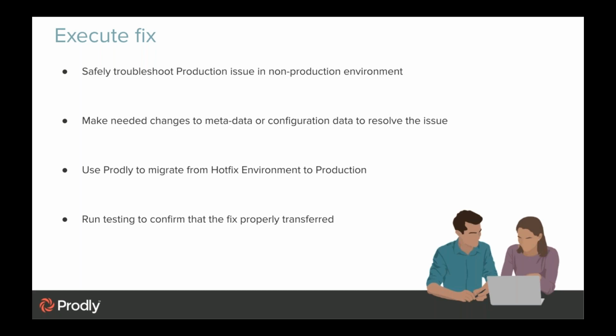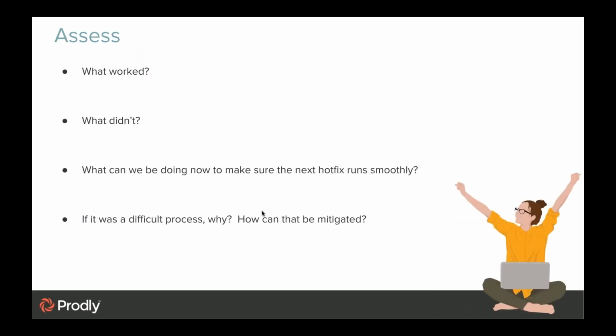And then being able to use Prodly to do metadata changes and making sure all the metadata looks good as well, if that's part of the hotfix solution. And then just moving everything back and testing again.